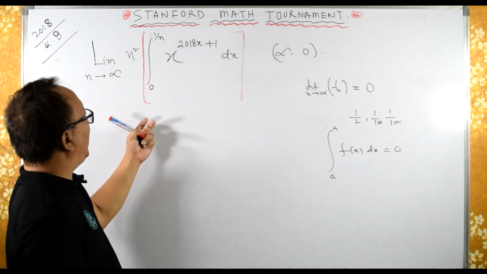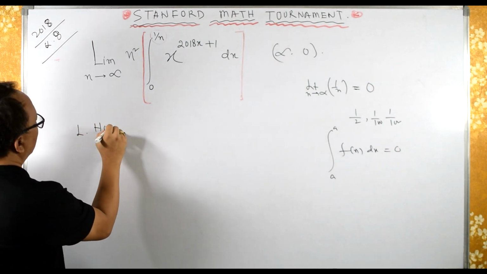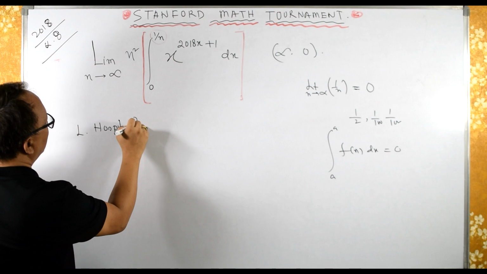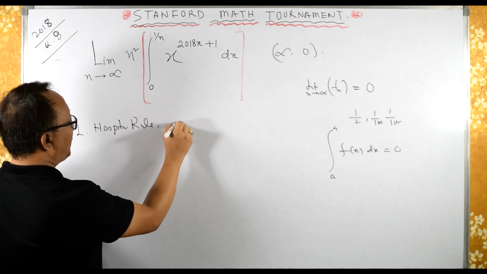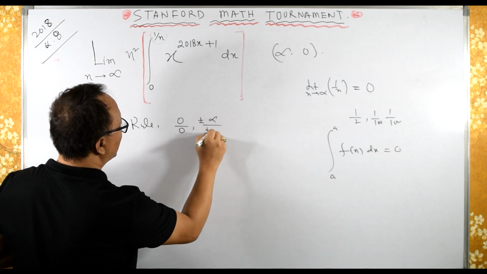Now if I want to apply L'Hospital's rule, what should I have? I have to have either 0 by 0 or plus minus infinity by plus minus infinity.